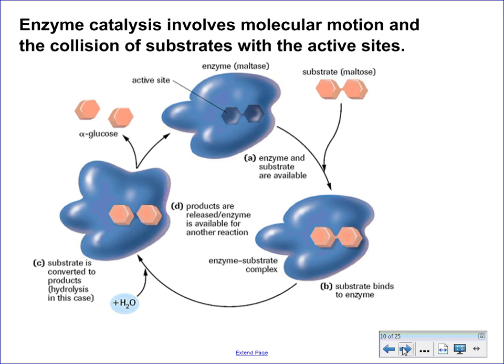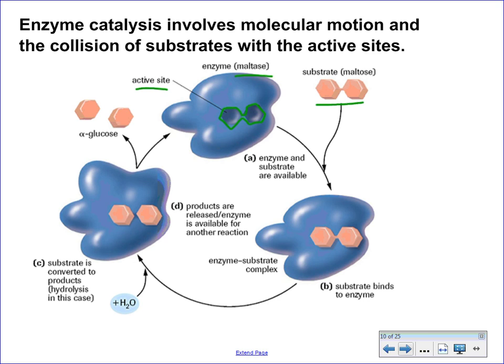This is illustrated on this particular diagram, in which we have the substrate maltose and the enzyme maltase. Here we have a very particular shape for this active site on this enzyme.